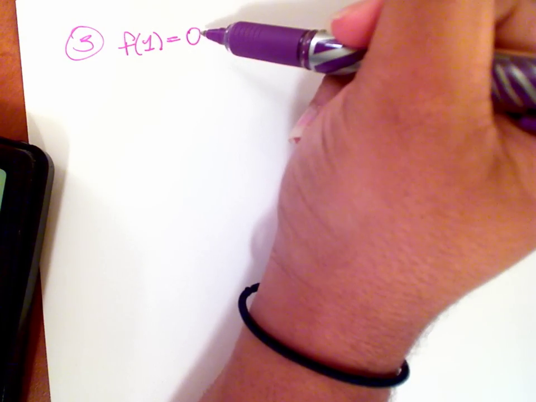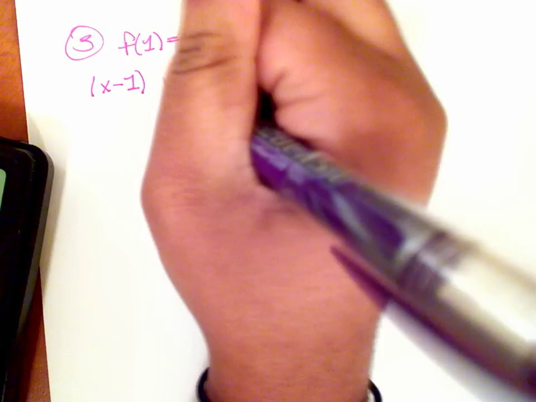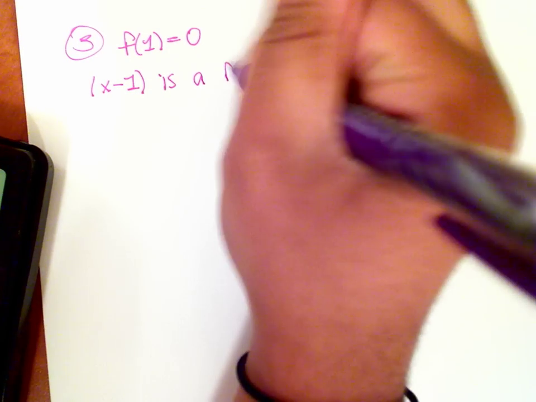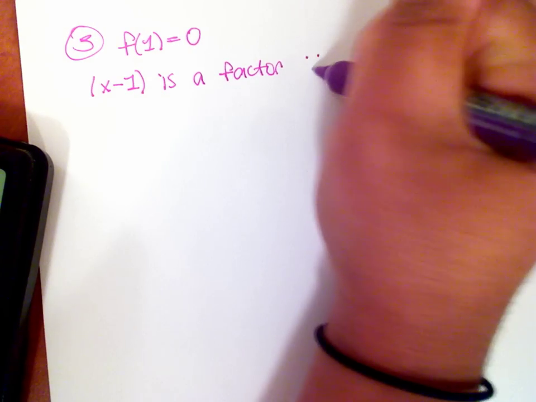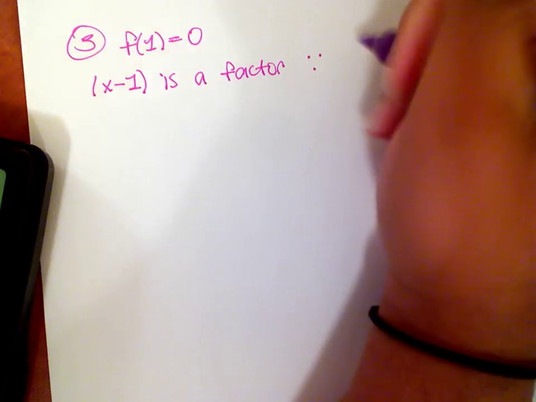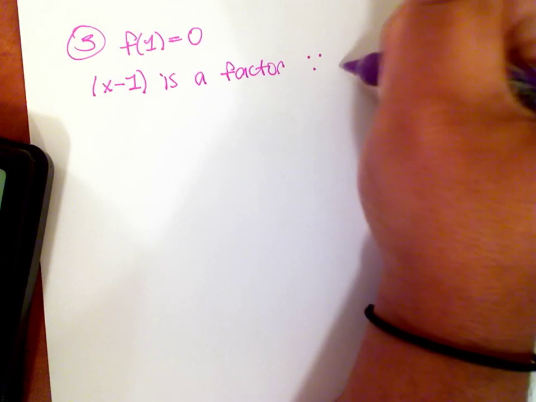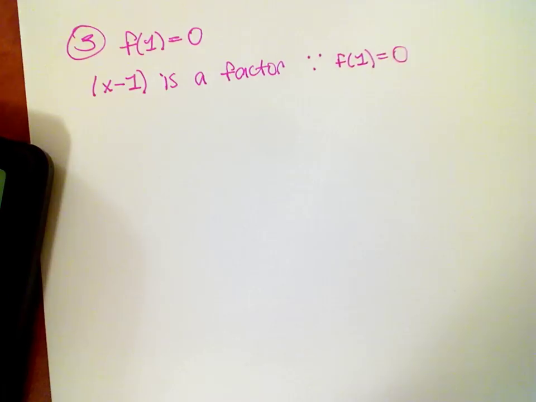So now, according to the factor theorem, we have a remainder of 0. So then if we wrote x equals 1 as a factor, we would have x minus 1. So x minus 1 is a factor because, remember the upside down 3 dots is because. So because f of 1 equals 0.